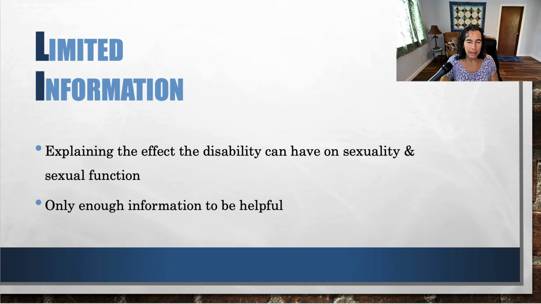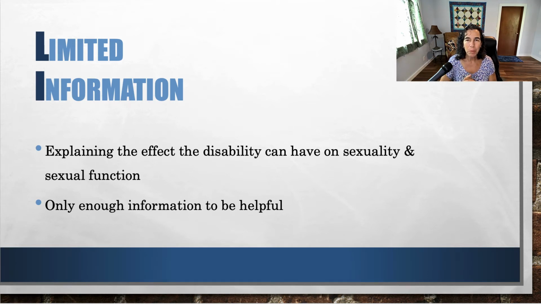The second aspect of the explicit model is limited information. And that may seem kind of counterintuitive at first, but how it works is that we want to explain the effect that the individual's disability can have on sexuality and sexual function, but we want to limit it enough so that it's helpful. So think about it.